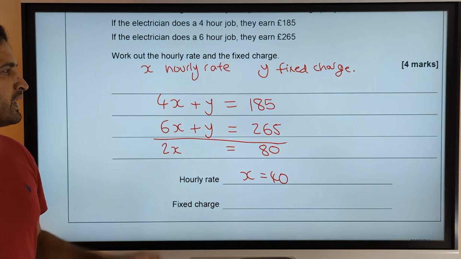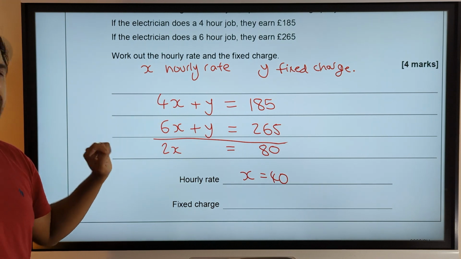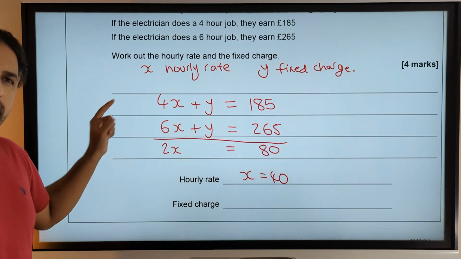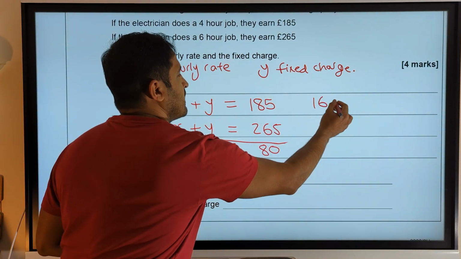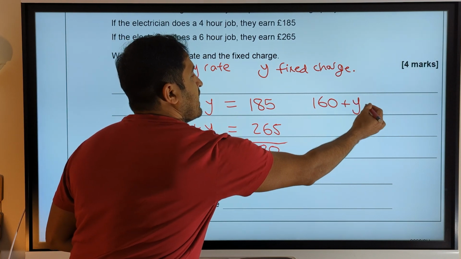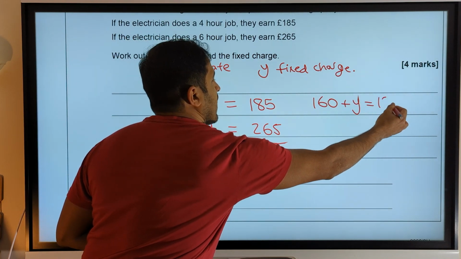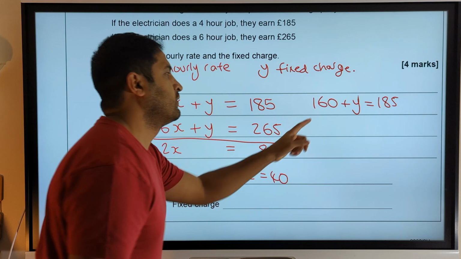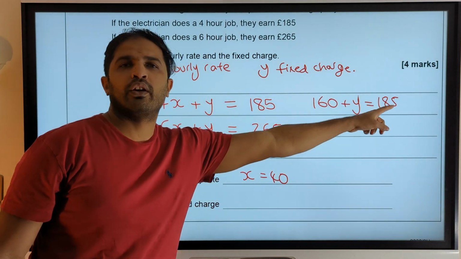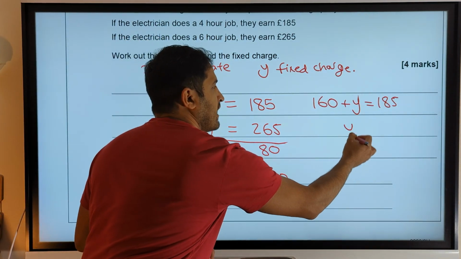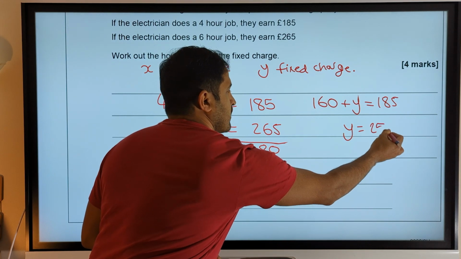Now we can work out the fixed charge by putting that hourly rate in here. So if they worked 4 hours, they would have made £160 plus the Y, that gets you 185. Okay, so 160 add y gives you 185. So y has to be 25 pounds.